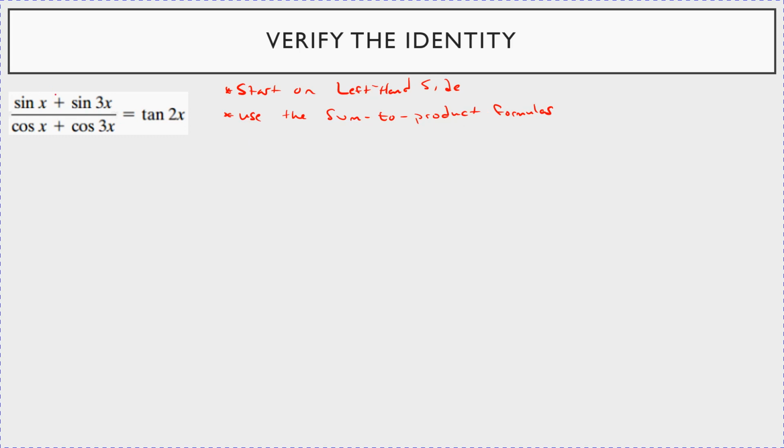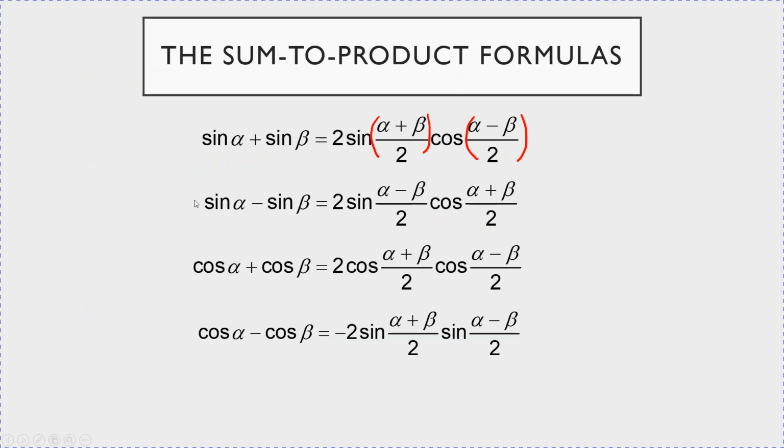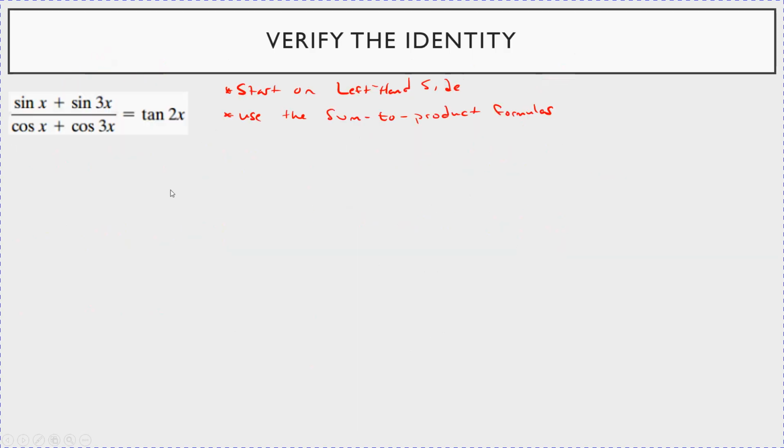So this is sine of alpha plus sine of beta. So what does that become? So looking back, this becomes 2 sine of alpha plus beta divided by 2 times cosine of alpha minus beta divided by 2.